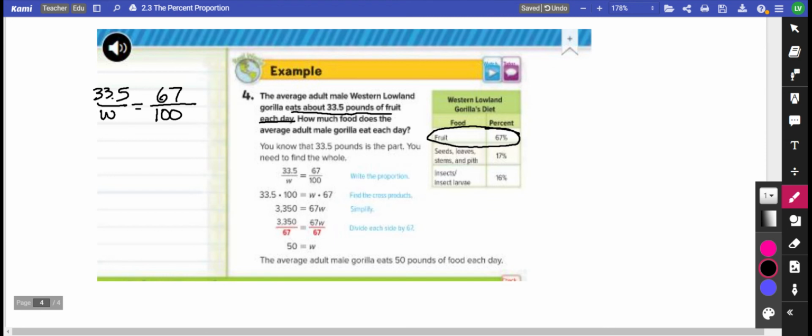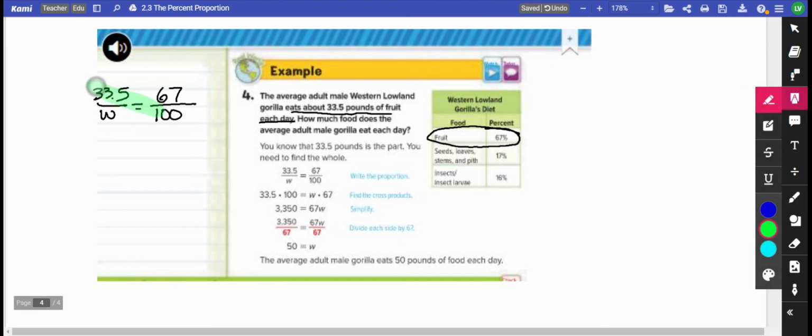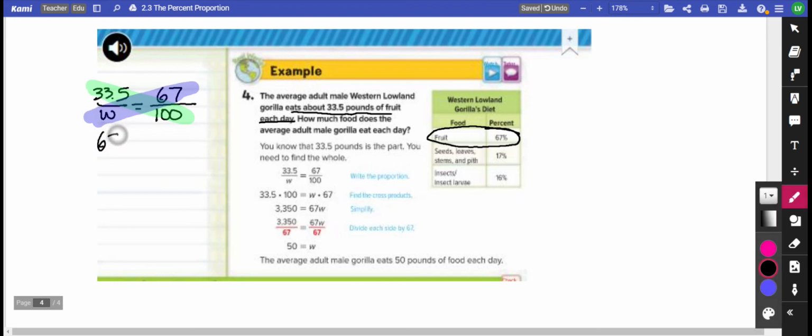So I'm going to cross multiply. 67 times W equals 33 and 5/10 times 100. 67W equals 3,350.